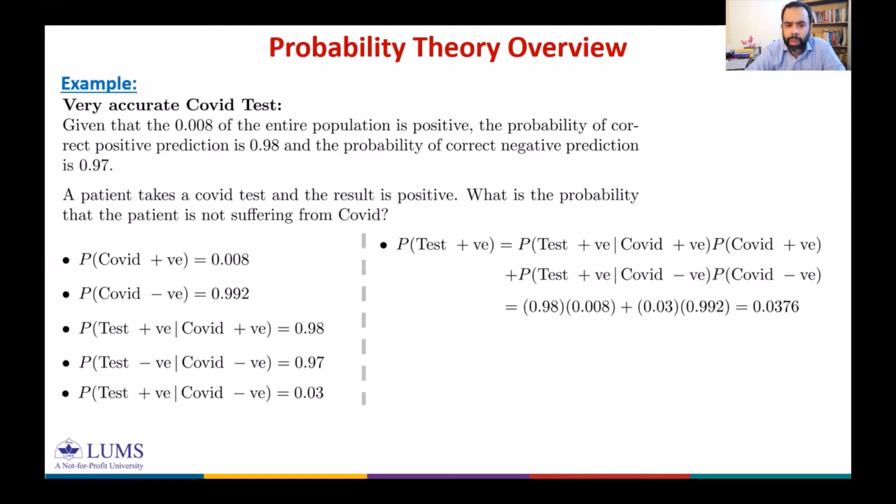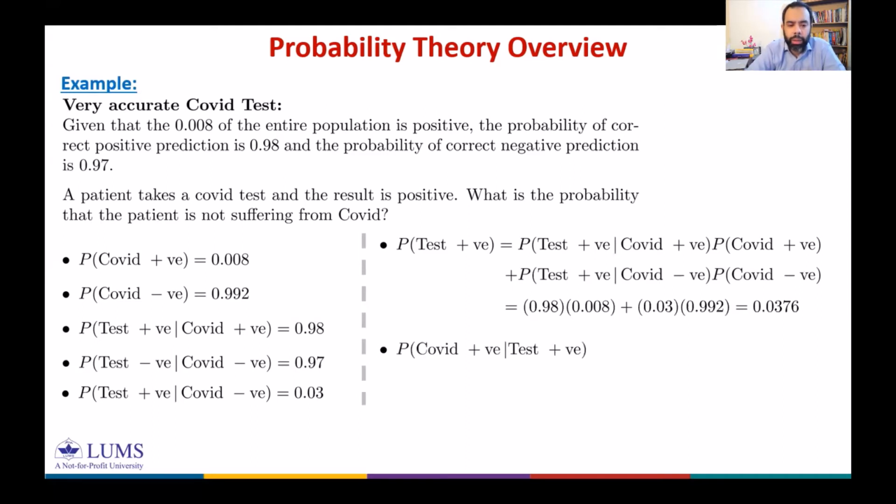So what is this probability? That you randomly select a person and you test the person, the probability that the test turns out to be positive is very low, 0.0376. Right? Okay.